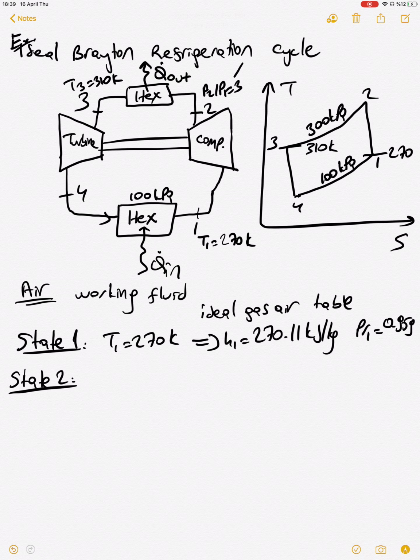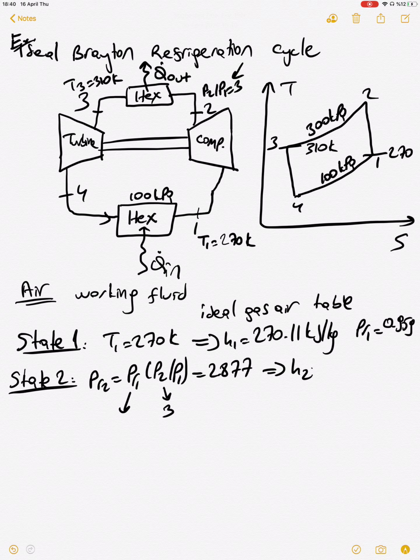So PR2 is equal to PR1 times P2 over P1. This ratio is actually 3, so with 0.959 this is 2.877. With this information, we can look up the table, and this is kilojoule per kilogram.